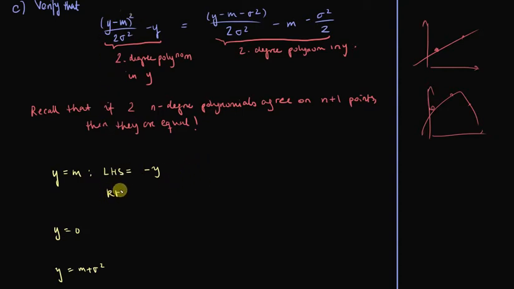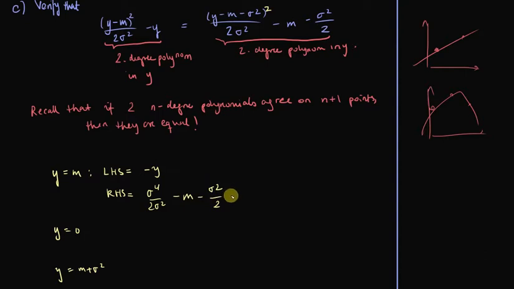And the right-hand side is equal to m minus m. So what you get is, oh, sorry, I think we have to take to the second here. Yeah, so on the right-hand side, you get sigma to the 4th divided by 2 sigma squared minus m minus sigma squared divided by 2.